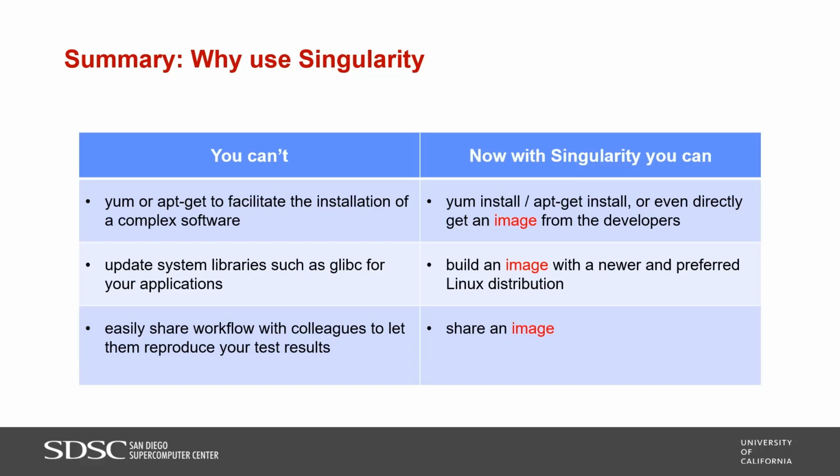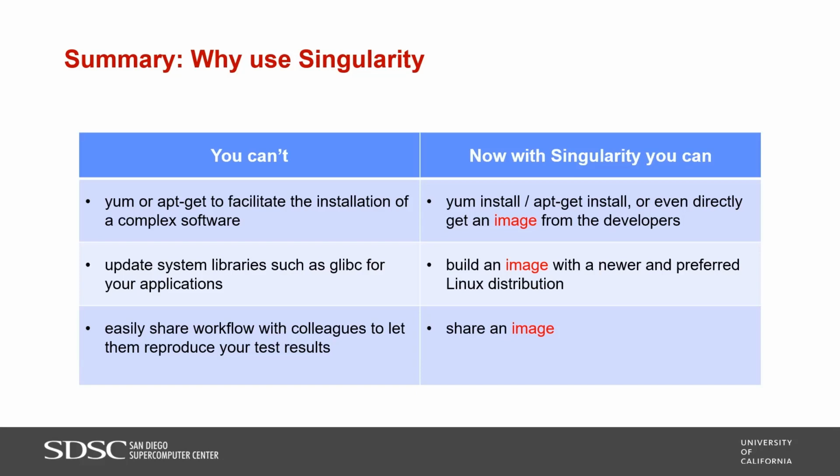But now with Singularity, you can use Yum install, or even get an image from the software developers, if the developer already built a container image for that software. And before, you could not update any system libraries, such as glibc, for your application.